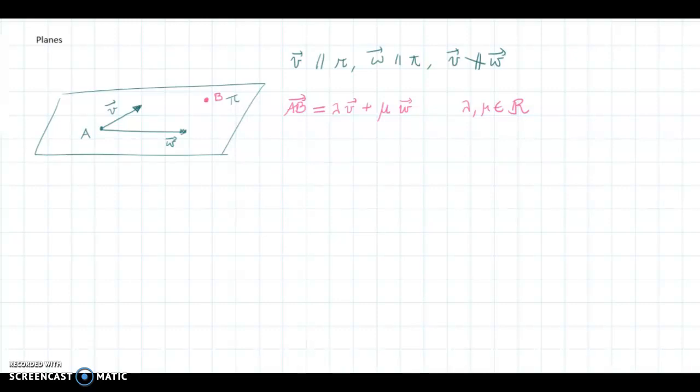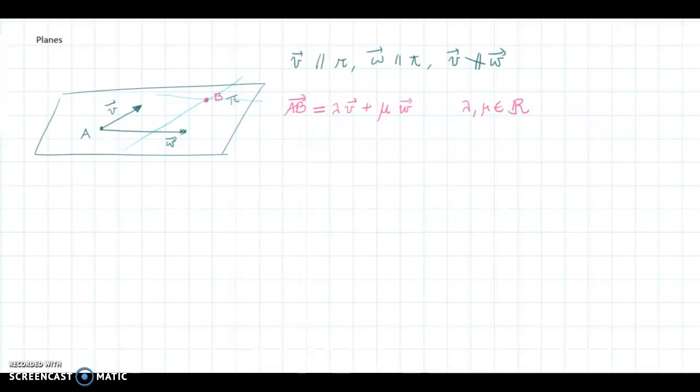Okay, so how can we do this for any point on the plane? Let me see over here. I'm going to make a line parallel to the vector V and going to the point B, a very light line over here, and I'm going to make another line parallel to the vector W and going to the point B, something like that.